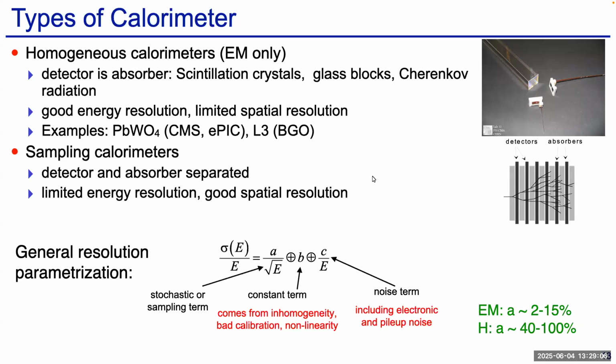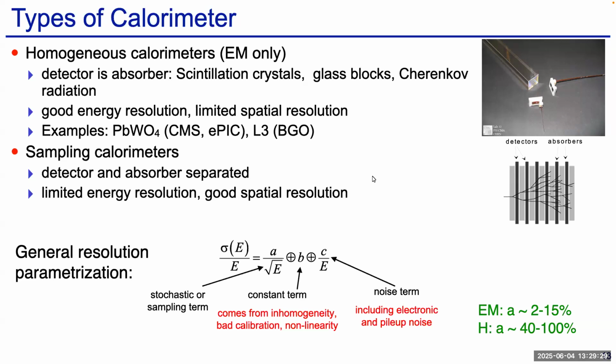But there is a constant term. Forget about the noise term. There's a constant term. So if you want to impress someone, if you have no idea about hardware, you're sitting in a calorimeter talk, and you want to ask a sensitive question, ask what the constant term is, because that is the most tricky one to deal with. This constant term comes from inhomogeneity.